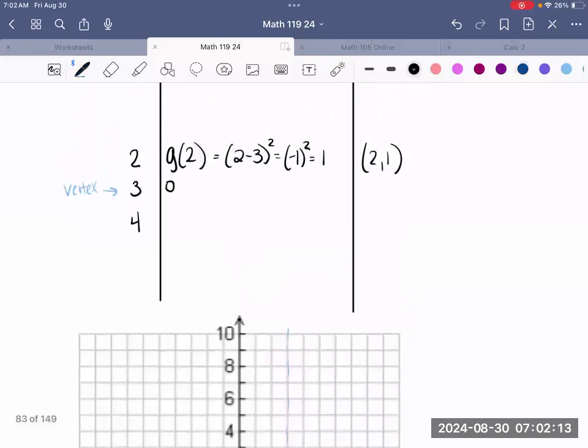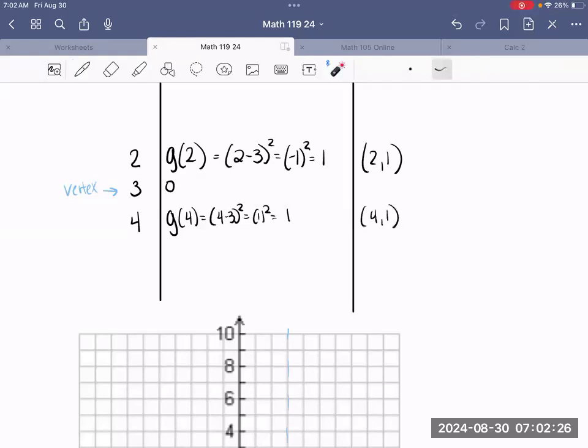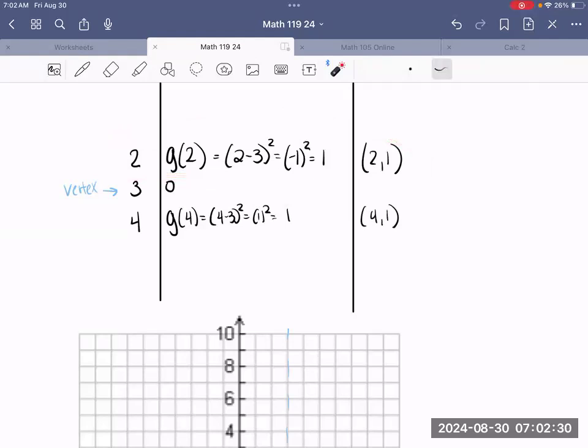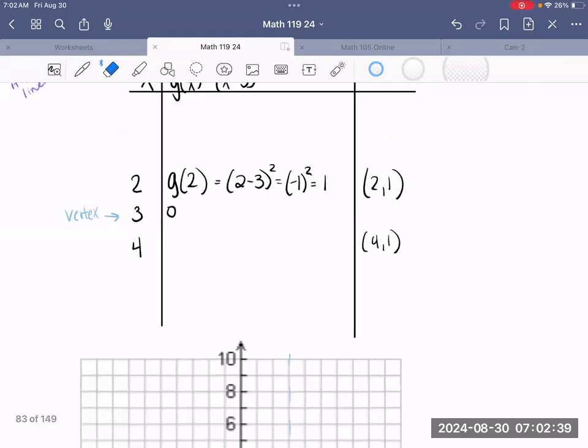If we wanted to prove that, we could always plug it in. 4 minus 3 squared is equal to 1 squared, so it's (4, 1). So you can use the symmetry of your graph to lessen the amount of work for you. You didn't have to do this part if you didn't want to. It's just a mirror.